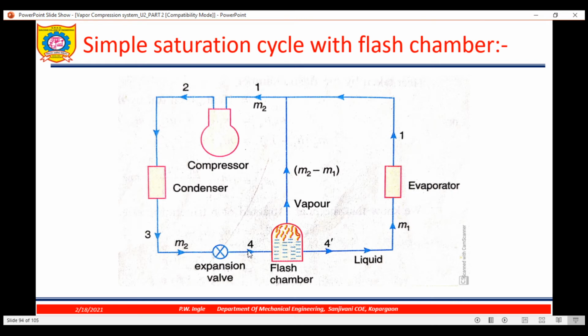So after expansion of refrigerant, we can provide the flash chamber. The liquid refrigerant will pass to the evaporator, and whatever vapor there may be, which may be say 5 or 10%, will be passed directly to the compressor. So this is the use of the flash chamber.